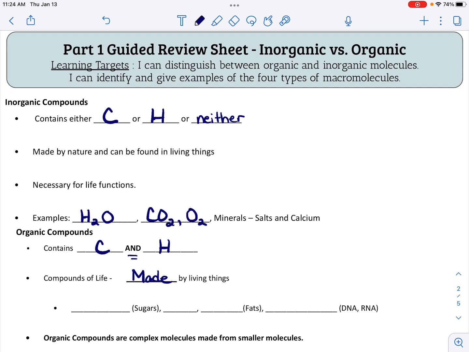The four key macromolecules or organic compounds that we're going to talk about are carbohydrates, which are types of sugars, proteins, lipids, which are fats, and nucleic acids, which we will talk a lot more about when we get to genetics. That's DNA and RNA that you get from mom and dad.